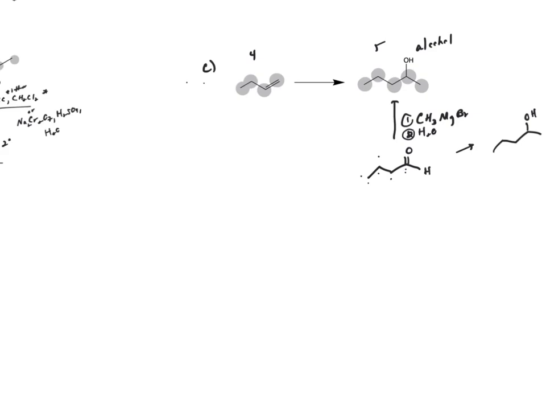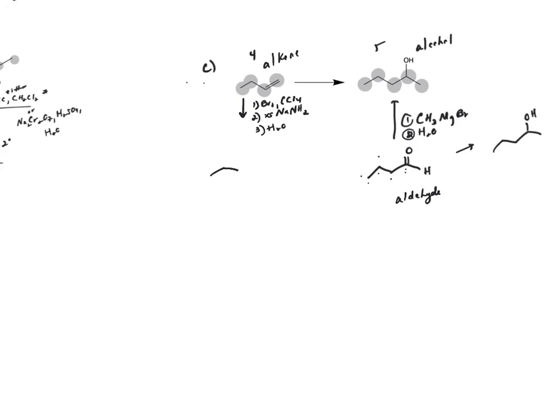So how do we get from an alkene to an aldehyde? There are a couple ways that you could do this. First off, you could try to turn this into an alkyne. To do that, you could say, okay, we've got Br2 and carbon tetrachloride, and then excess sodium amide, and then water.